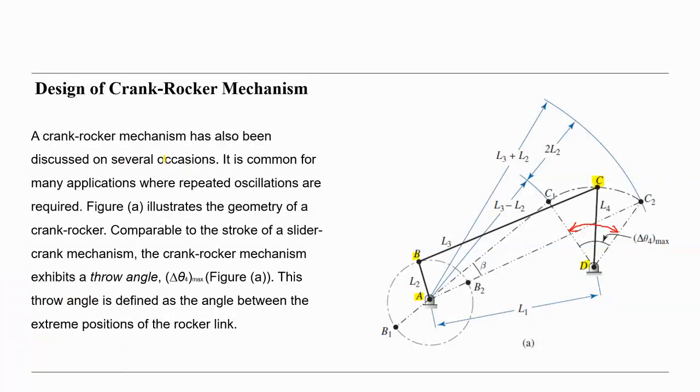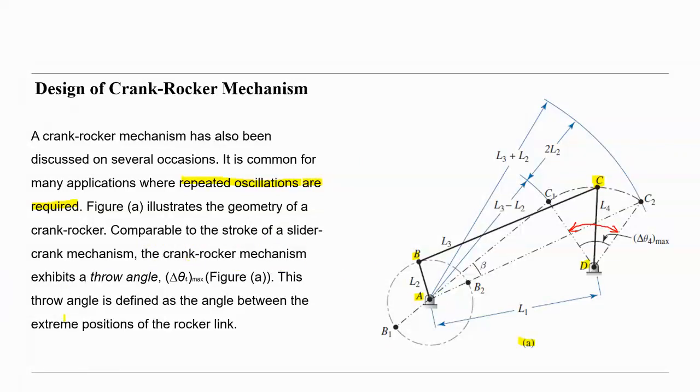So this is the oscillation, repeated oscillations. So this is R, the required quantity. On this figure, A illustrates the geometry of a crank rocker comparable to the stroke of a slider crank mechanism.